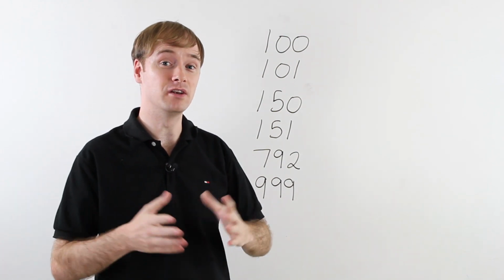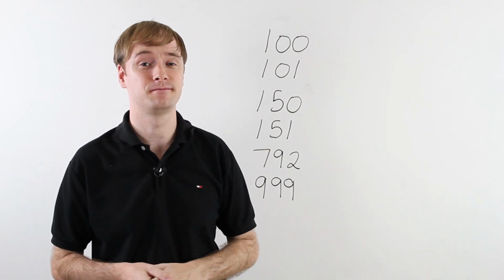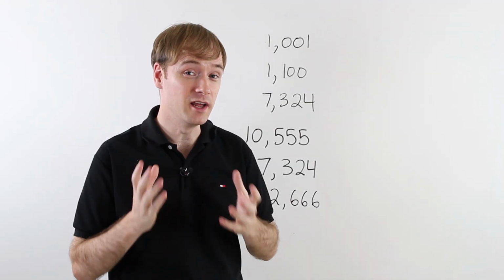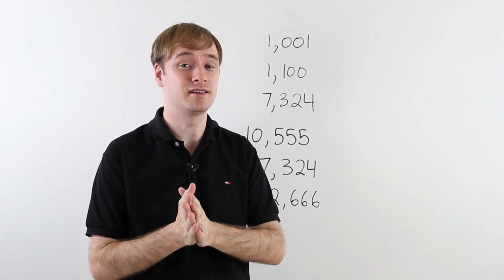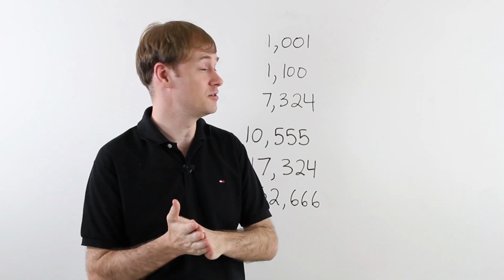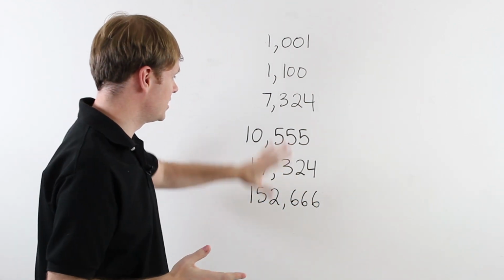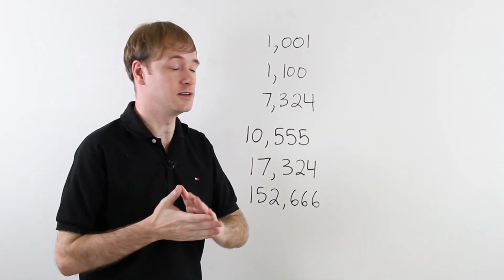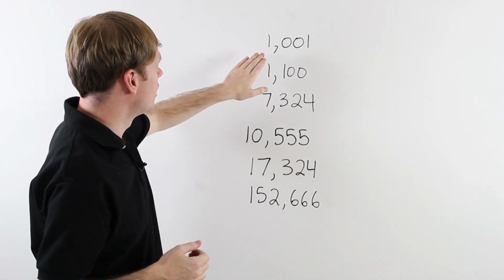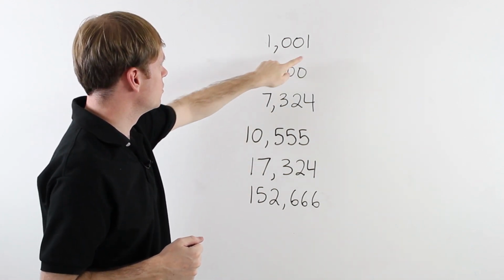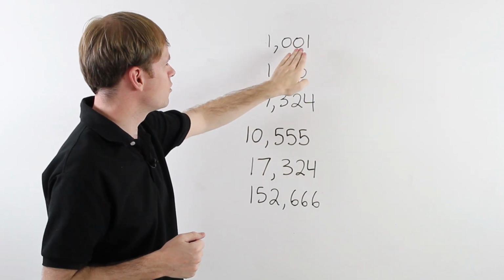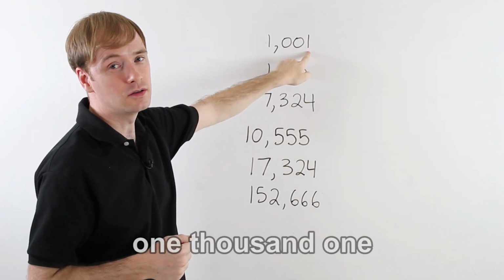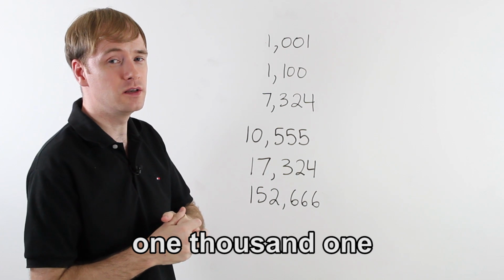Let's move to bigger numbers, the thousands. Are you ready for some bigger numbers? I'm sorry, but it's going to start to get really difficult, okay? So let's take a look here. Listen carefully. Our next number, we know this is 1,000. So this is 1001, okay? 1001.